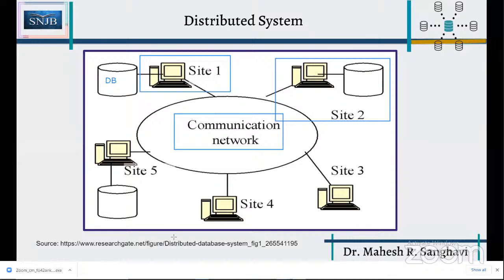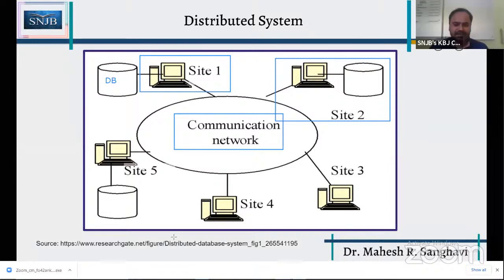This communication network is your computer network, and all these sites can be a computer or a normal computer, or it can be a node. All these sites are connected, and every site has its own database. So this is the concept of a distributed database.